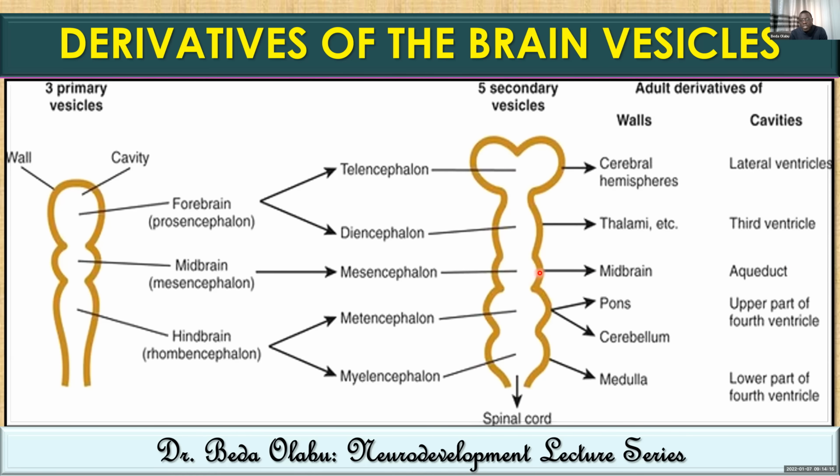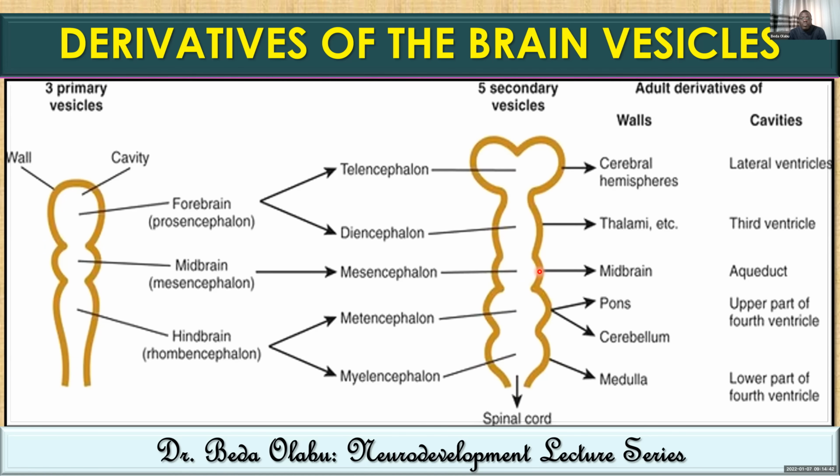Back to that midbrain concept, usually the wall of mesencephalon will be similar, or nearly similar, to what we saw with the wall of the developing spinal cord, where we had alar plates and basal plates, which are swellings of the mantle layer of the neurotube.